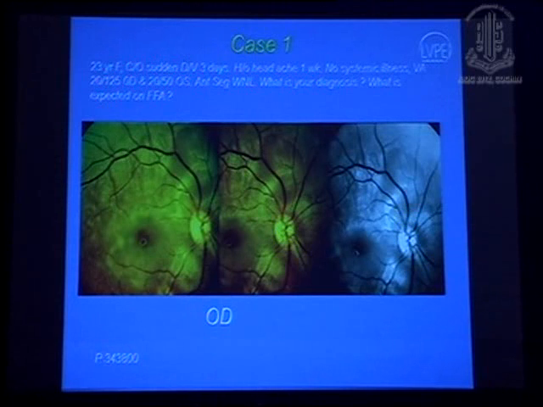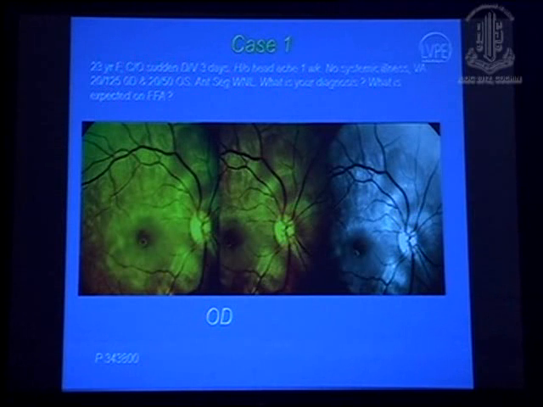What are you observing on the retinal examination? Here the retina is there, the first color photograph you can see. Can you describe what you are seeing? This has been briefly presented by Dr. Lalit Verma. You can see a well-defined lesion in the macula.